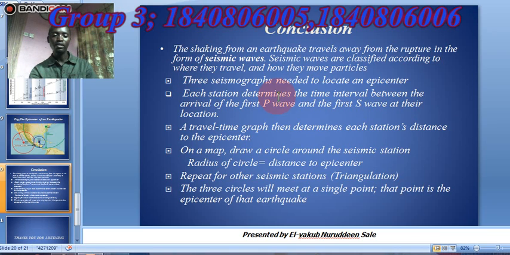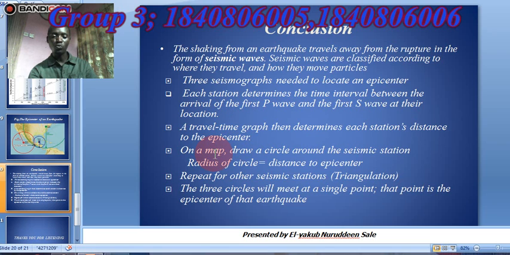The 3 seismographs are needed to locate the epicenter of an earthquake, and each station will determine the time interval between the arrival time of the first P wave and the first S wave at their particular location. If we have it here in Abuja, it will only determine the distance from the University of Abuja to where the rupture occurs. The travel time graph then determines each station's distance to the epicenter. We have seen this one.